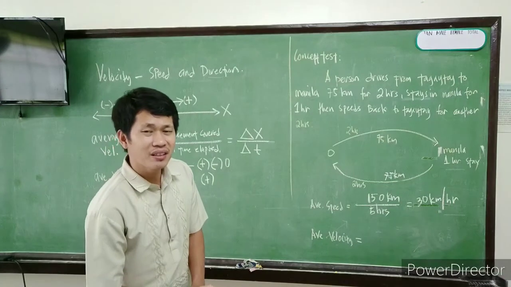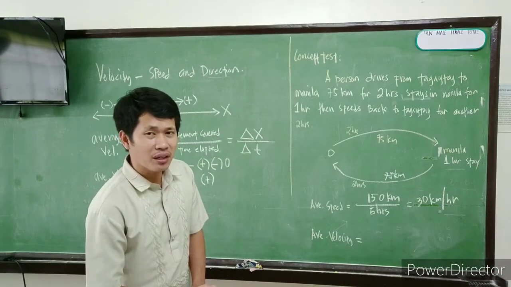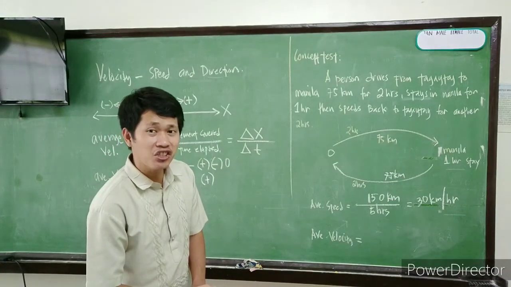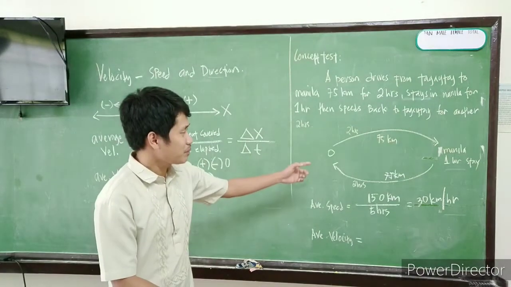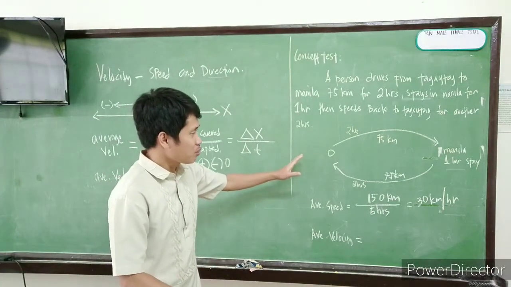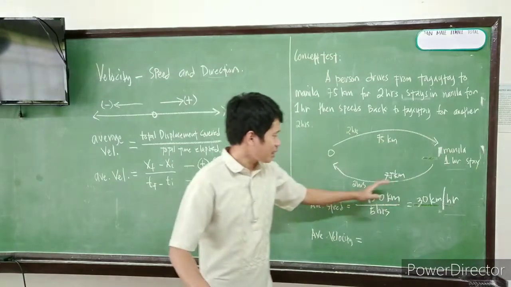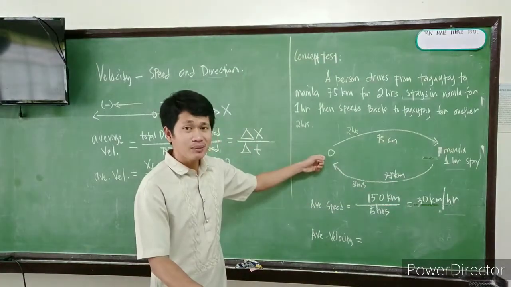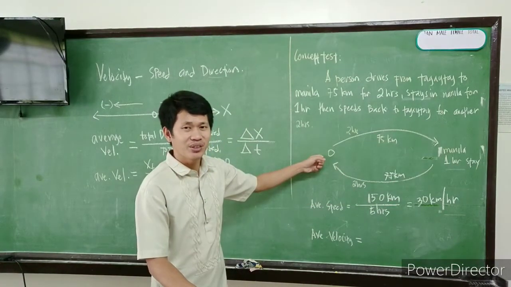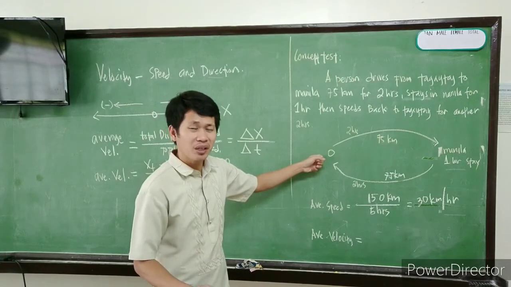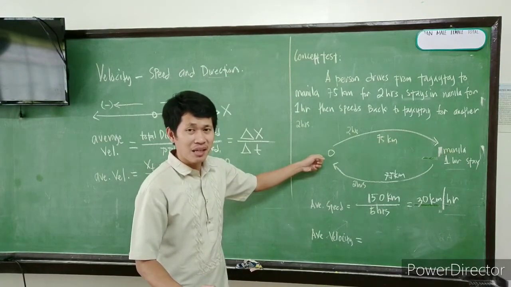So, syempre, the question that we really have to answer is, nagkaroon ba ng change in position? Based from this example, pumunta siya sa Manila and goes back to Tagaytay, therefore, na-displace ba siya? Yun yung difference between average velocity and average speed.